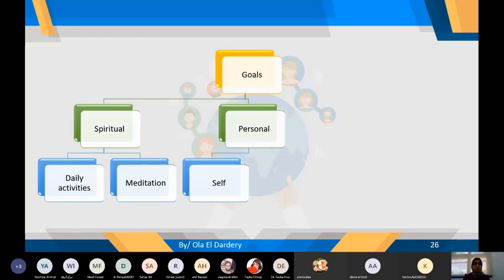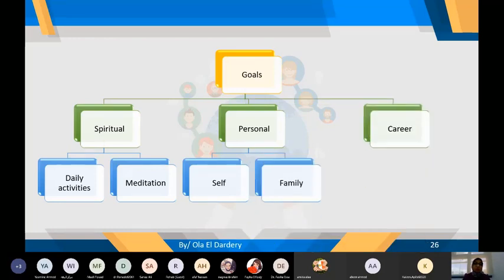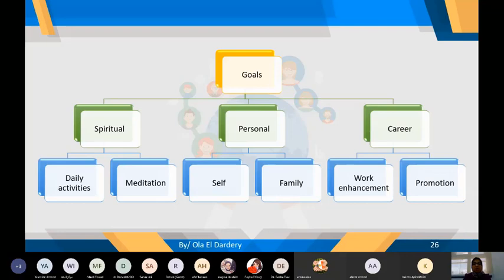They could be personal goals, self goals. They can be related to family, or a person can have goals related to their career, the work in hand, to the promotion that they want to get. A university professor would want to get promoted to make more research papers as well. They would want to enhance the work in the class, to adopt new technologies, new methodologies in teaching, and so on.